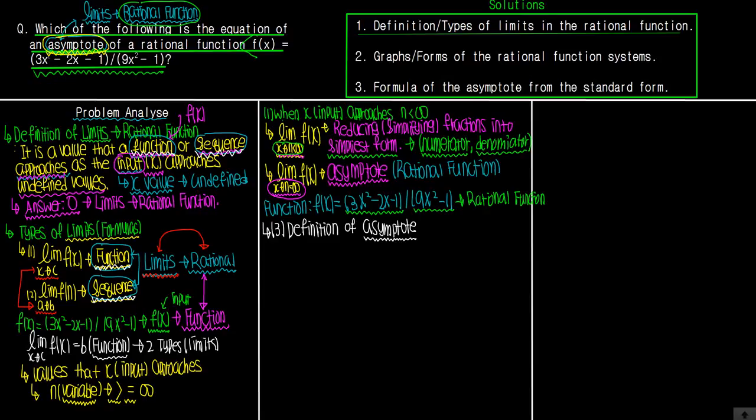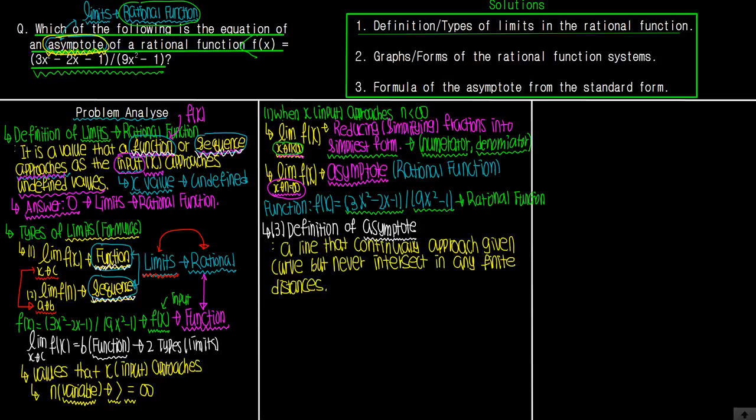The definition of an asymptote in our rational function is a line, or a curve, that continually keeps going and approaches closer to a given curve. But the most important thing about the asymptote is that it never intersects with that given curve or line at any finite distance.